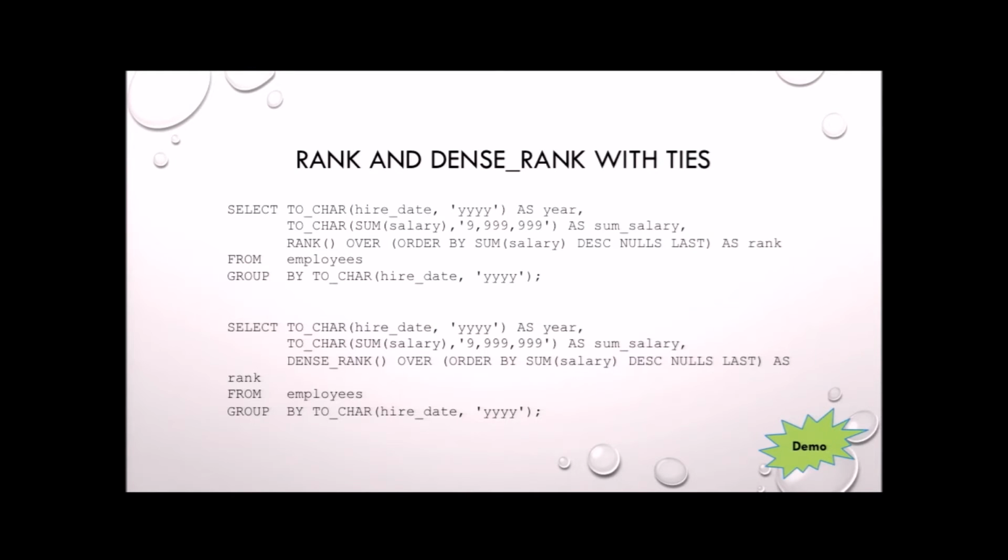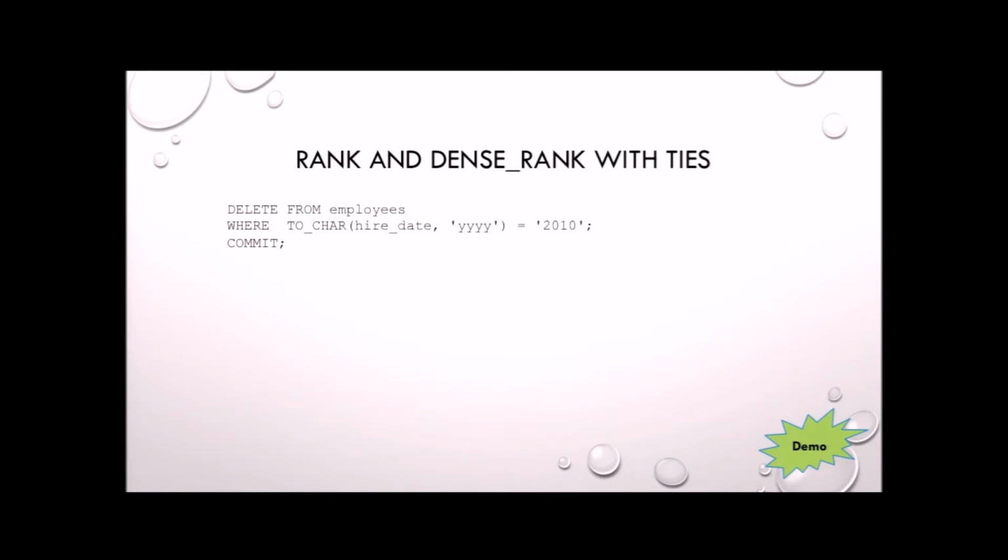In the first case, that's where you'd see 1, 2, 3, 4, 5, 5, 7, 8, 9. And in the second case with dense rank, you'd see 1, 2, 3, 4, 5, 5, 6, 7, 8, 9. Okay. So if you want to try it out on your own, you can duplicate the data in the employees table. And yes, I was nice, you can take it out of there to make the rest of the examples work correctly.